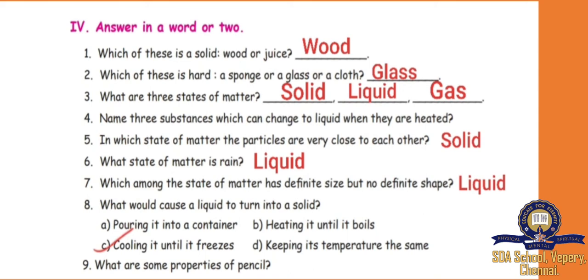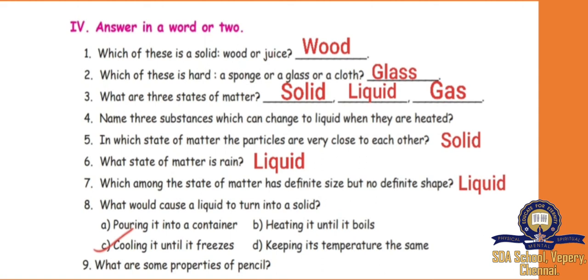Next, in the eighth question, four options will be given. So we have to tick the correct one. What would cause a liquid to turn into a solid? Liquid is water, for example. So water should turn into a solid. Water turning into solid means it will become an ice cube. What is that called?